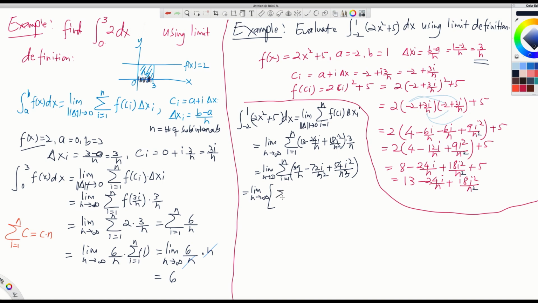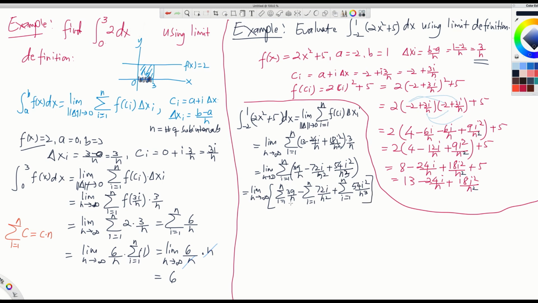Summation i runs from 1 through n of 39 over n, minus summation i runs from 1 through n of 72i over n squared, and then plus summation i runs from 1 through n of 54i squared over n cubed. You see that? So this is what you will get.